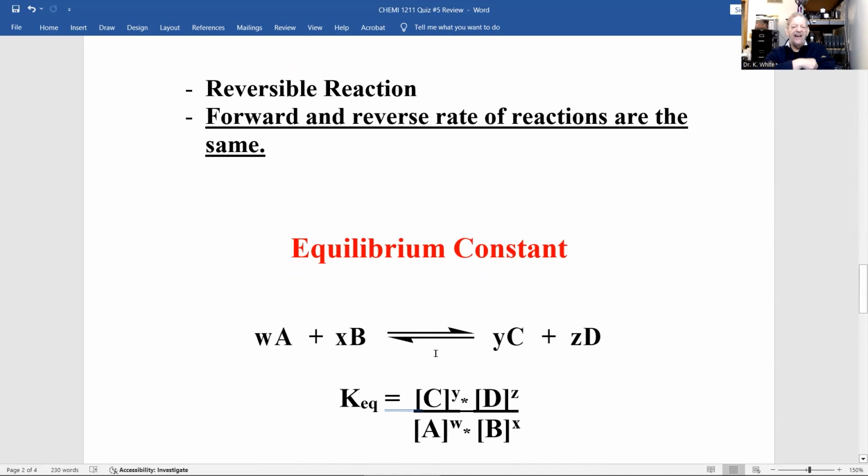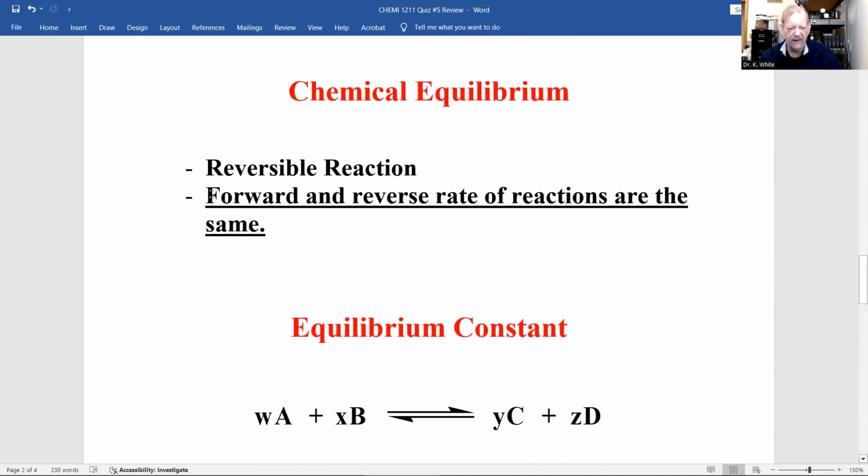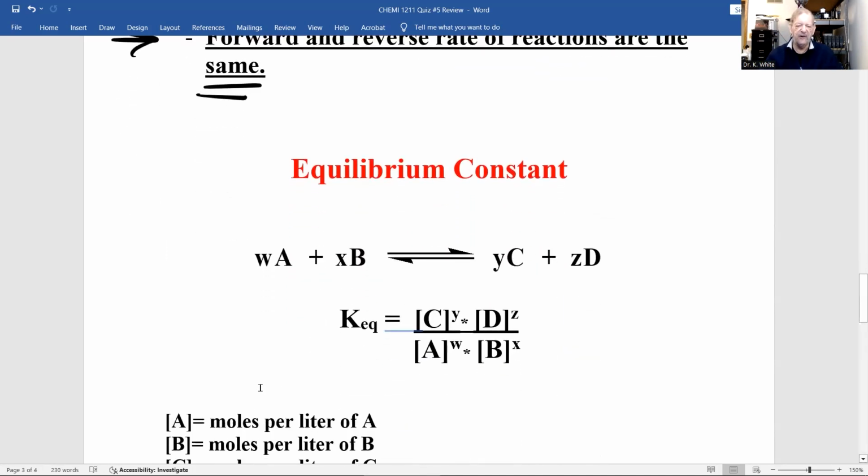That means A plus B makes C and D, and C and D goes backward to make A and B. Now, you should know that at equilibrium, the forward and reverse rates of the reaction are the same.